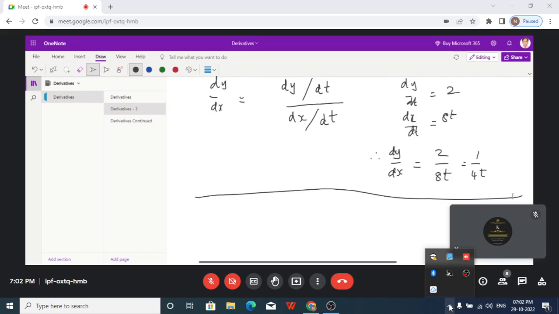Let's do a problem in this method. Let's say x equal to 1 minus t square by 1 plus t square and y equal to 2t by 1 plus t square.